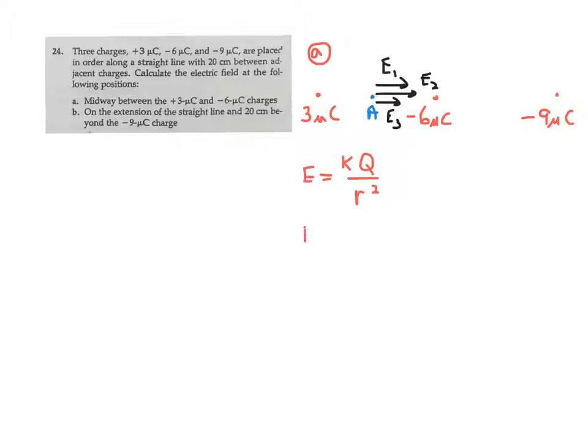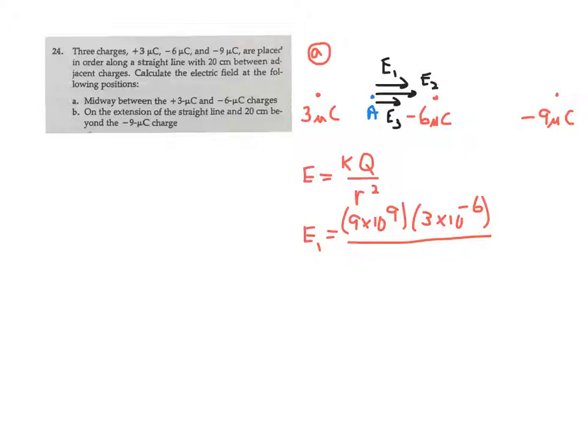So E sub 1 here would be 9 times 10 to the 9th times that charge, 3 times 10 to the negative 6th, divided by the distance from the 3 microcoulomb charge to the point of interest, which is point A, as listed in part A of this problem.